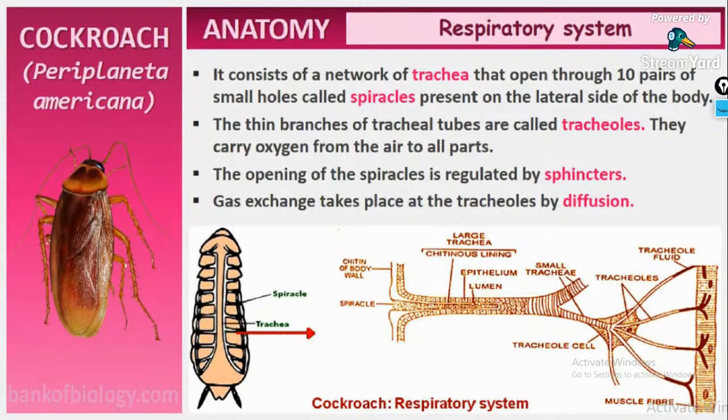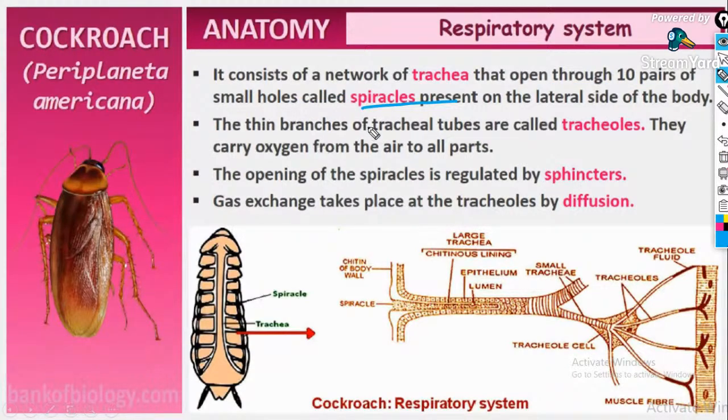So we should start today with the respiratory system, right? The respiratory organ of the cockroach consists of a network of trachea that open through 10 pairs of small holes called spiracles present on the lateral side of the body.